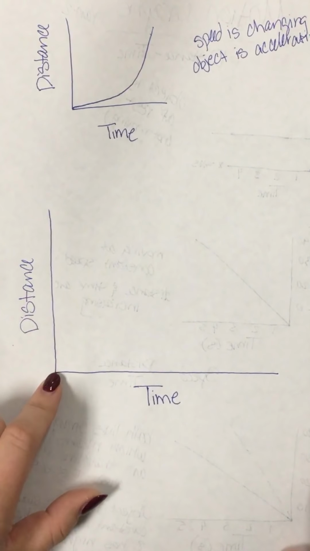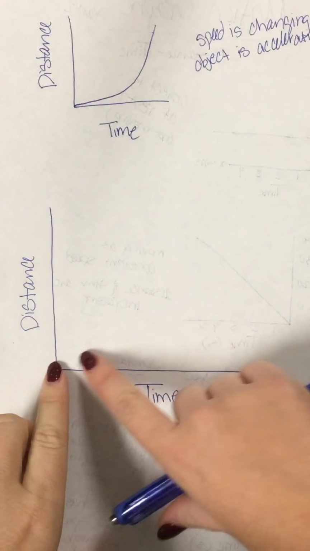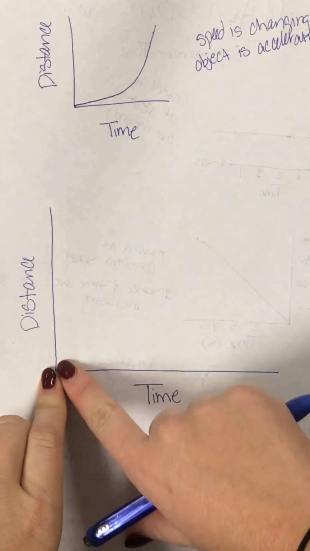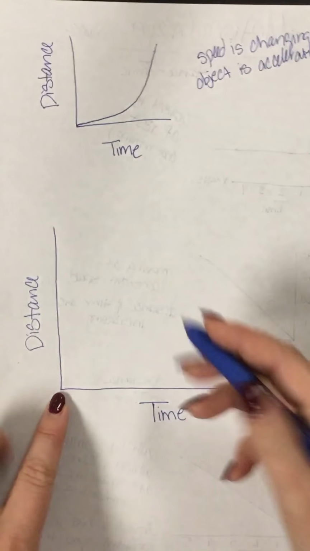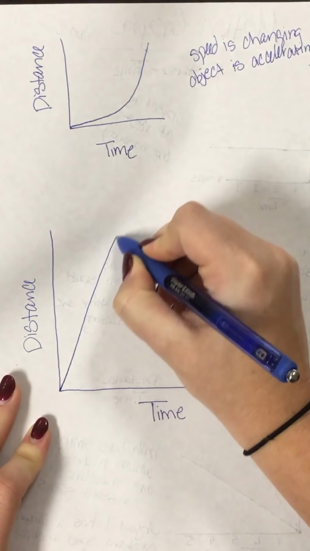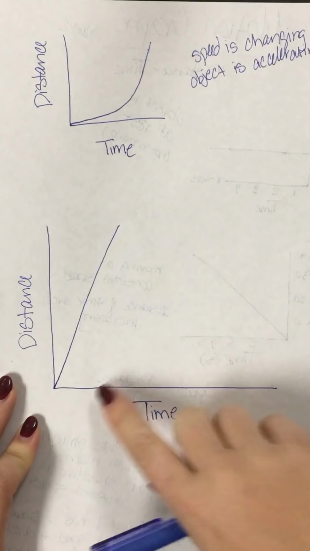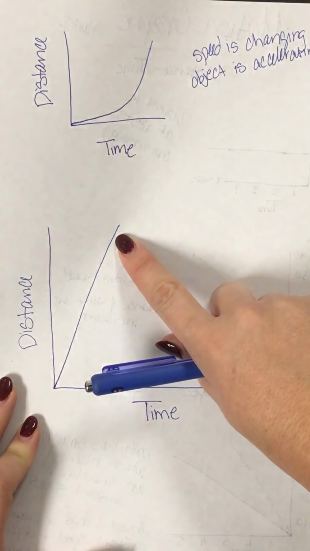So our first one, I'm going to draw something that is at a fast, constant speed. So if it's going to be fast, is it going to be more horizontal or more vertical? More vertical. So the steeper the line, remember, the quicker the speed. So right here, this object, we know it's a straight line, so it's a steady, constant speed.